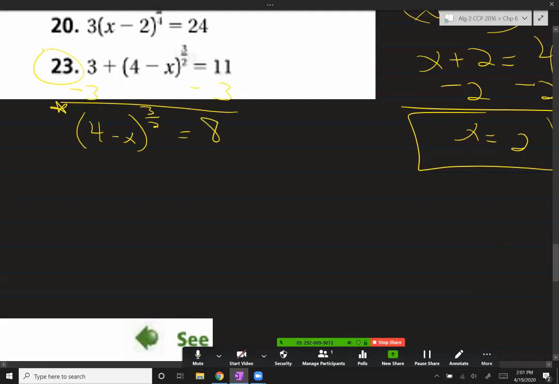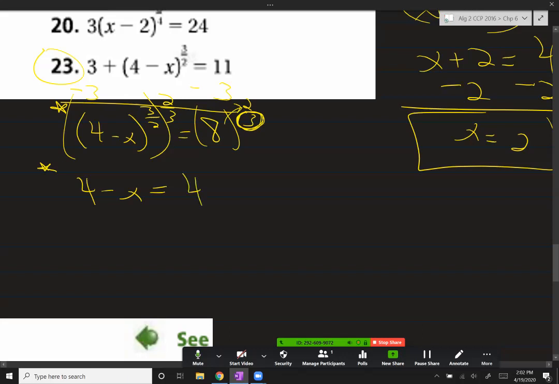So the real question now is, what power do I take this to? 2/3. Okay, so it's 4 minus x equals, and if I take 8, 8 is a perfect cube. So I'm going to do the cube root down to 2 and then square it up to 4. So it's going to be 4.